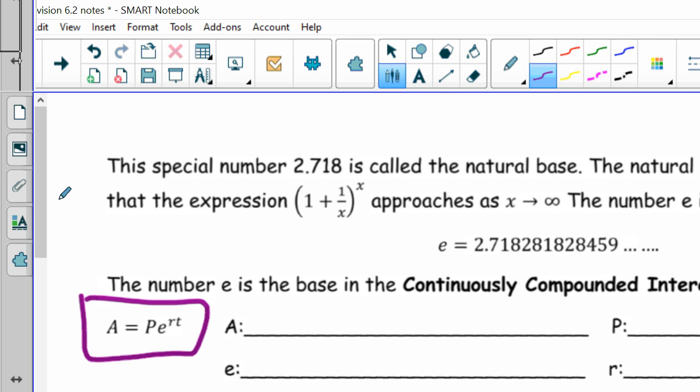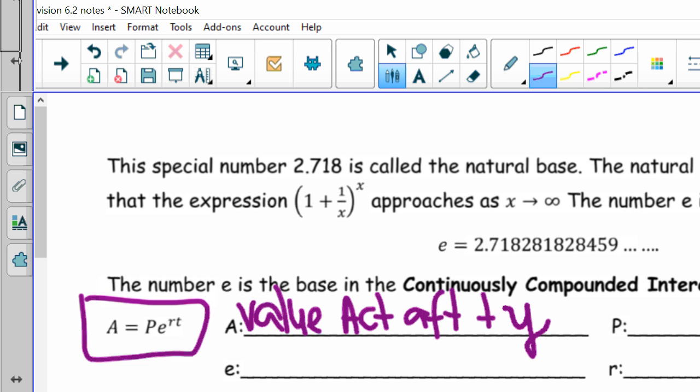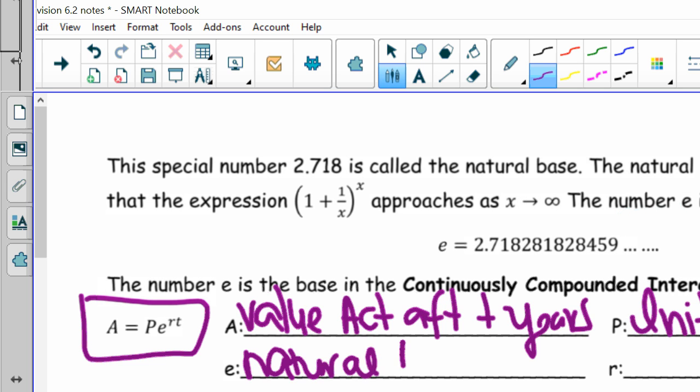Okay, so again, A is the value of the account after T years. P is still the initial investment or the initial principal, what you started out with. E, that is the natural base. And again, you will use that button on the calculator. R is still your interest rate as a decimal.